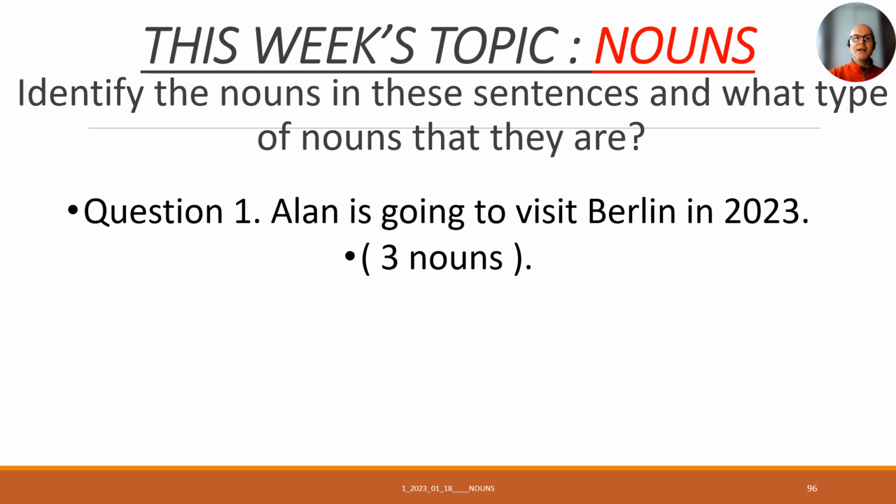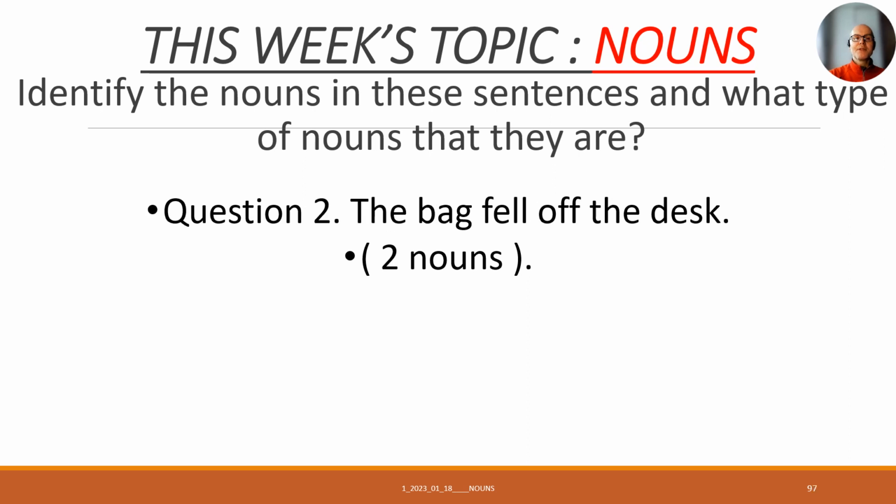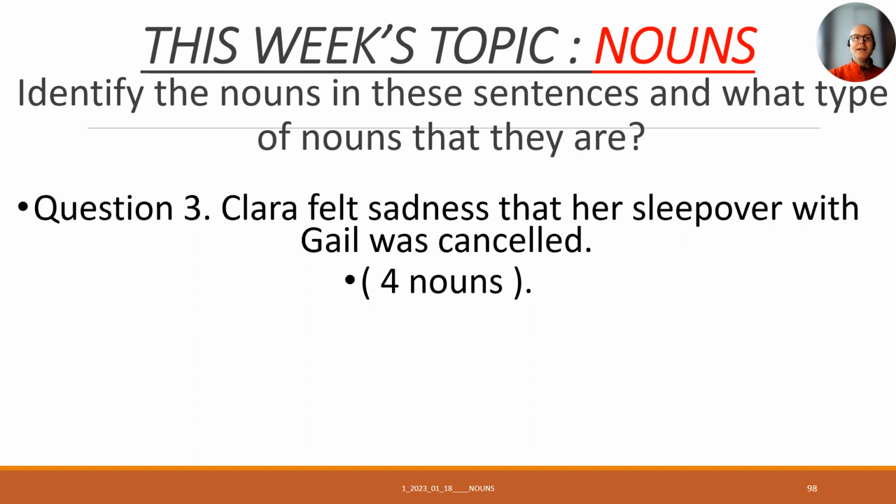What are they and what type of nouns are they? Question 2. The bag fell off the desk. 2 nouns. Question 3. Clara felt great sadness that her sleepover with Gail was cancelled. 4 nouns.